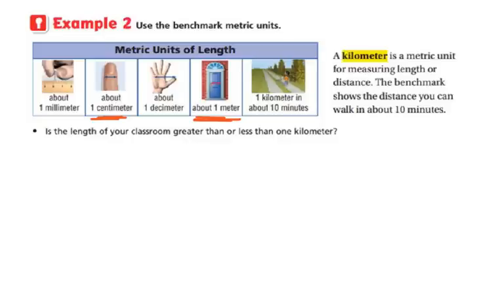Remember we had the yard, we thought about a bat as a yard. Well, if I looked at a meter stick and I looked at a yardstick, the difference is going to be about 3 inches. So they are very, very close. Okay, so the meter, you can think of the width of the door, or if you just have a visual image of that meter stick you've seen in class, that is 1 meter.